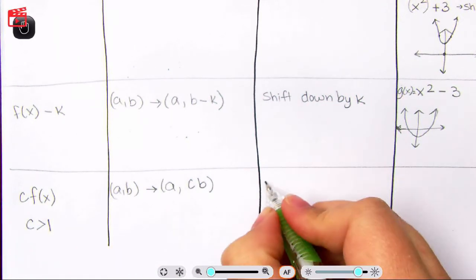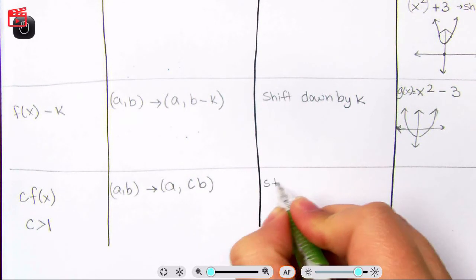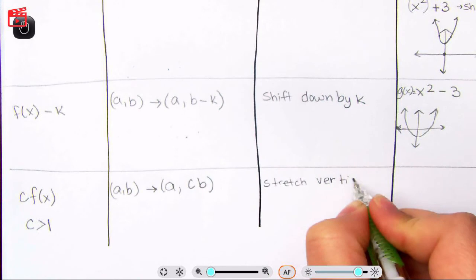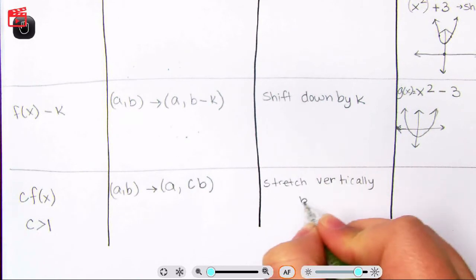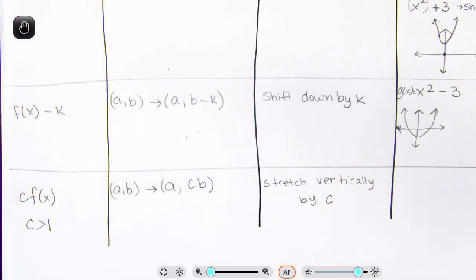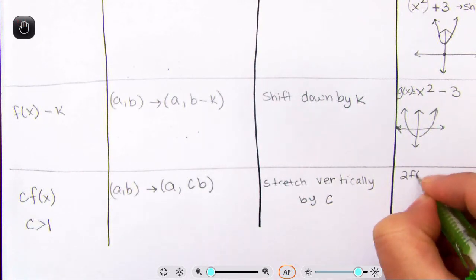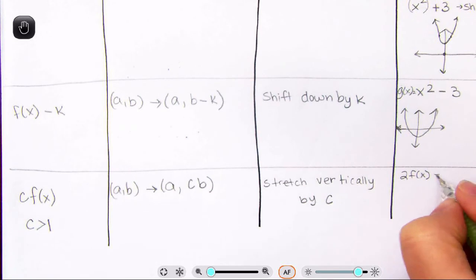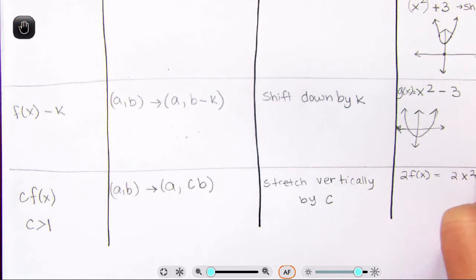And that means it is stretched vertically by c. So how would that look if it's vertically stretched by c? If we have 2 times f of x, 2 times my parent function, that means I have 2 times x squared.